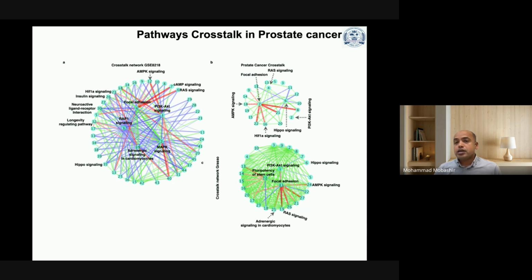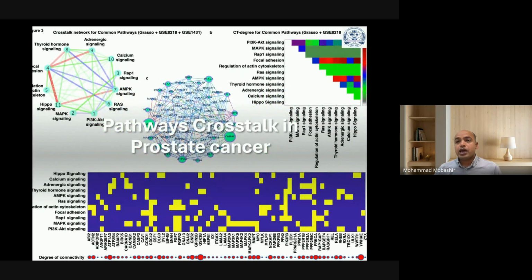And this has been published in the paper. Now, this is another level, if you want to present the pathway-pathway interaction in terms of the matrix and color, then this is another way, like figure B. Figure A is kind of integrated crosstalk between all the three combined data sets for prostate cancer. This is like figure 3A.